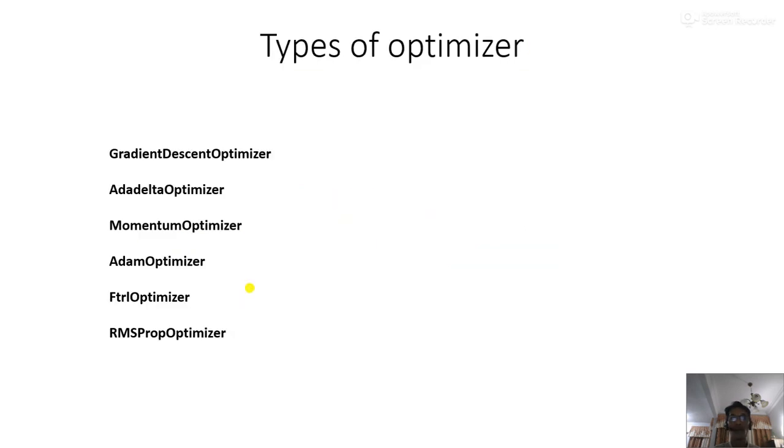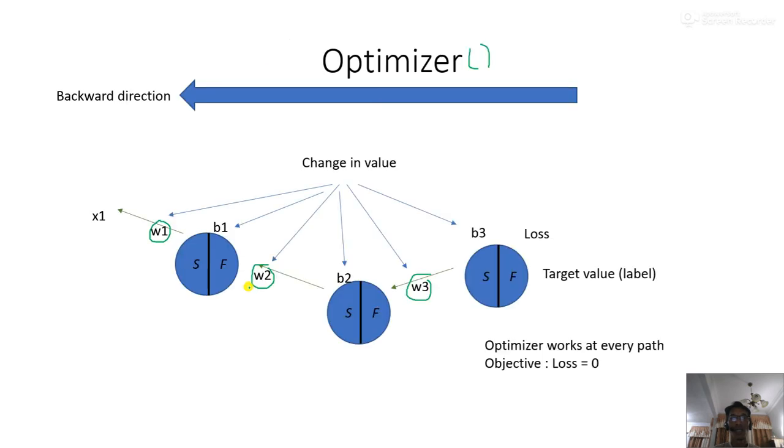You're going to have a learning rate. If the learning rate is bigger, the increment or decrement will be bigger. If the learning rate is small, like 0.05, this is considered small, so the increment is small.